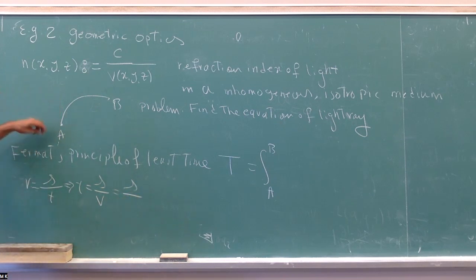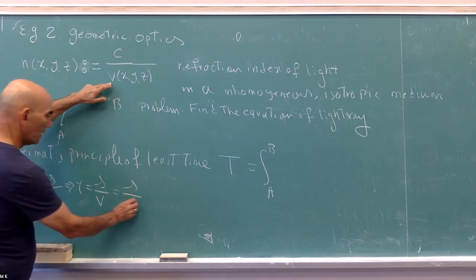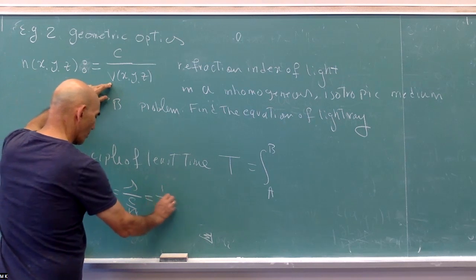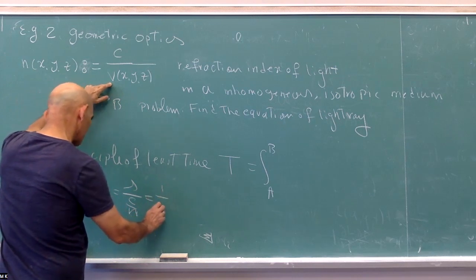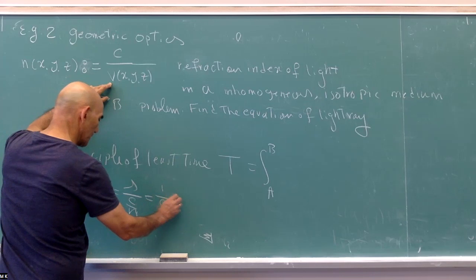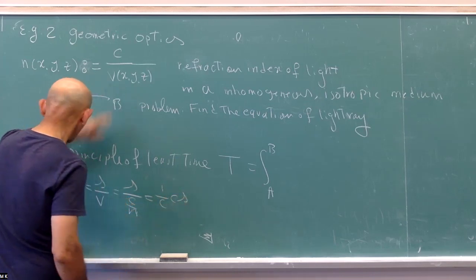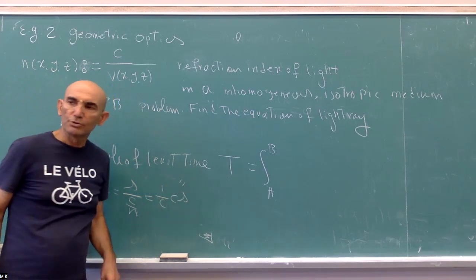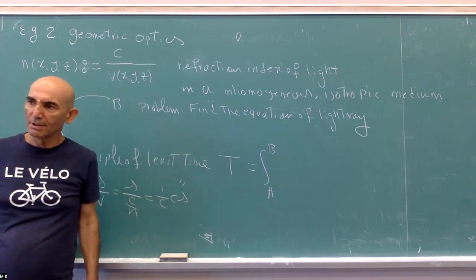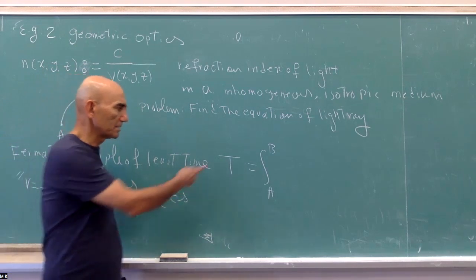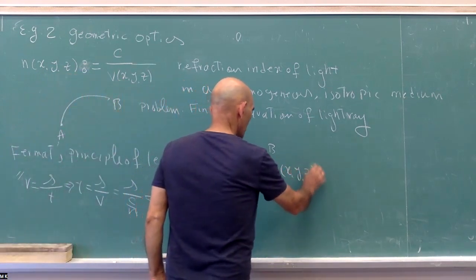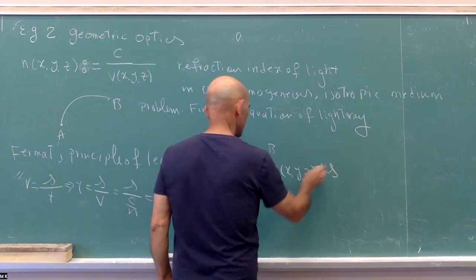Now the velocity is equal to c over n. So this becomes 1 over c times n ds. Okay, so this is the kind of calculation you should do for yourself when you're thinking about these things. But then this gives us the answer, which is equal to n of x, y, z.